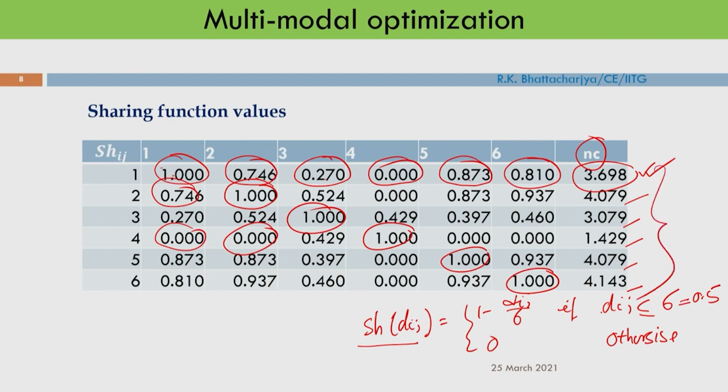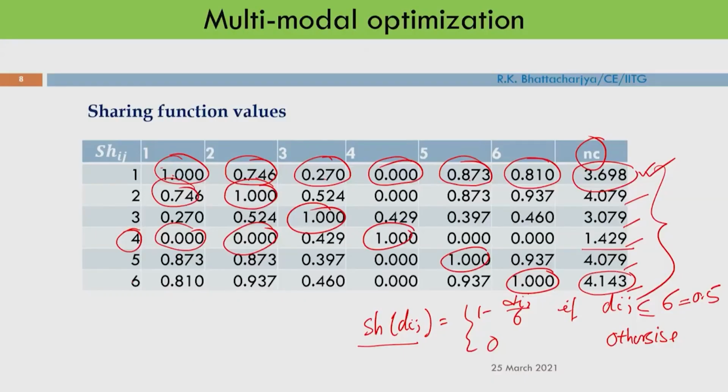Now, looking at this niche count value, you can say that solution 4, whose niche count is 1.429, is an isolated solution. It is not a crowded solution. And what is the most crowded solution? The most crowded solution is the last one, solution 6, whose niche count value is 4.143.